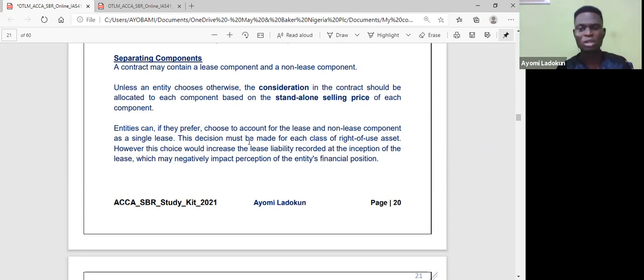Maybe this is the first time you're hearing the term standalone selling price. We're going to use it again when we come to IFRS 15, revenue from contracts with customers. So let me quickly explain what standalone selling price is, so that I won't bother much when we get to IFRS 15.